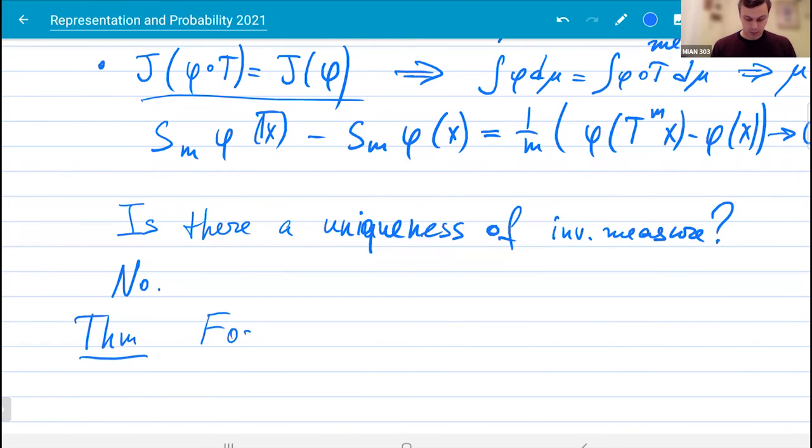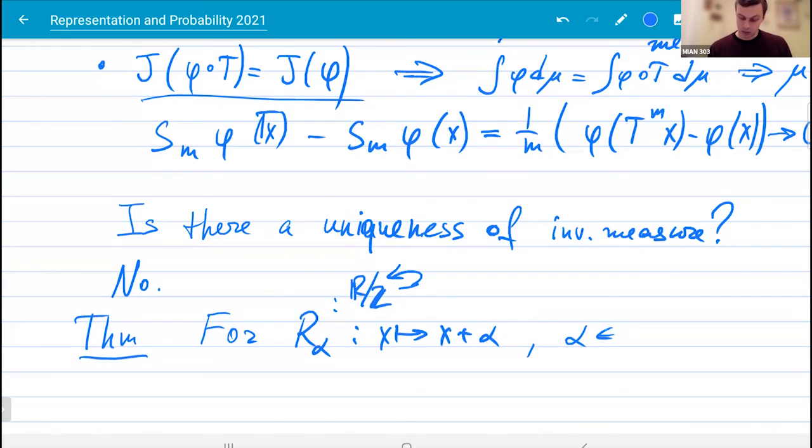So for R alpha, let me recall that this is our first example. This is a map of a circle, where alpha is, well, let's start with rational. If alpha is rational, then we have some power that is just an identity map.